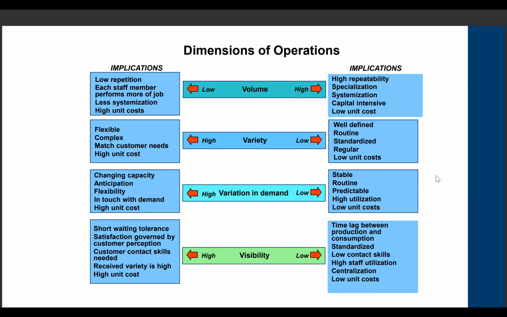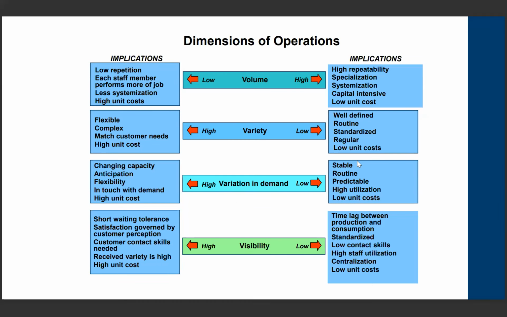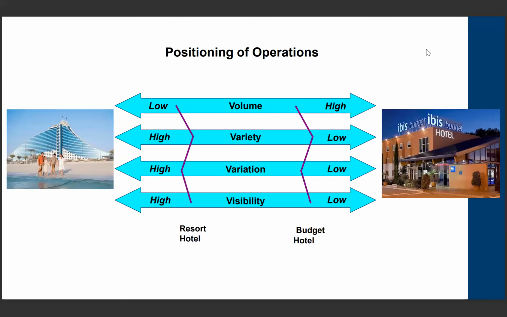And in the next slide, we have the positioning of operations. This is actually what an operation manager or the operation function needs to decide when they are launching a product. Here you can see a budget hotel and a resort hotel.